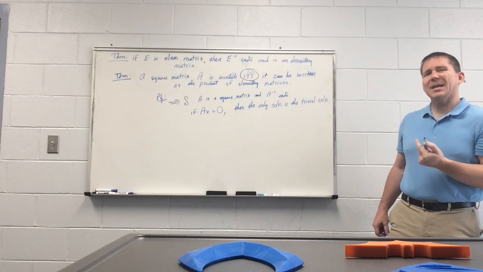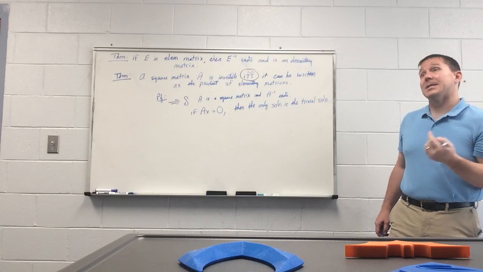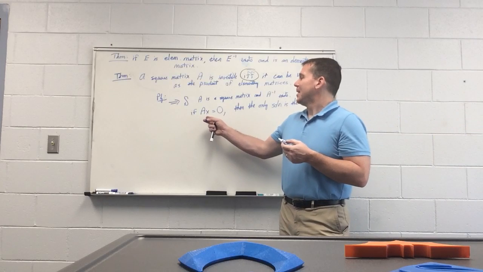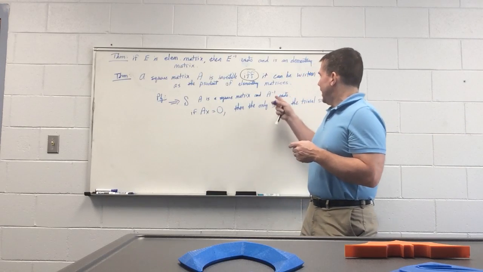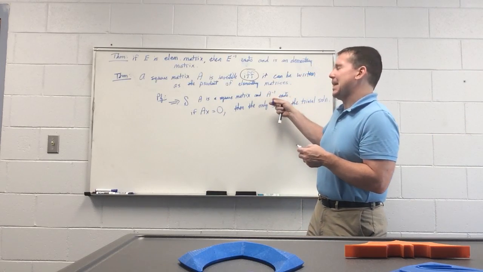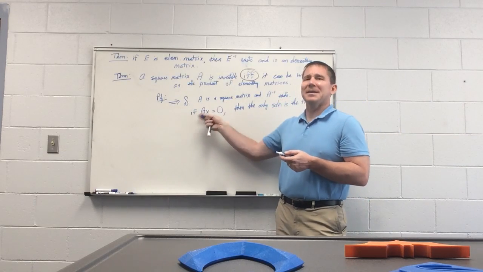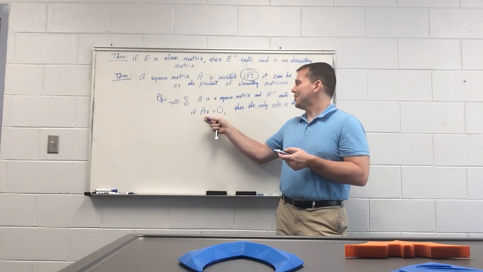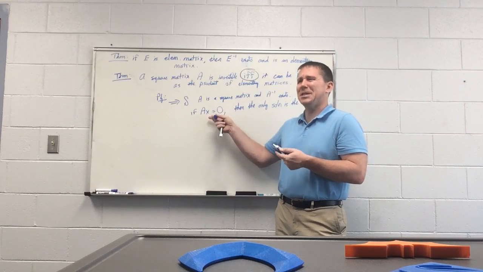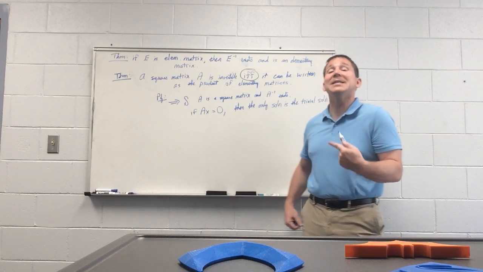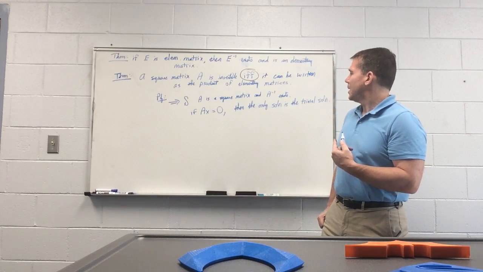Which, if you're not entirely remembering everything from the beginning of this chapter right now, A is invertible, so the inverse exists. Just multiply by the inverse on both sides, and you get x equals 0, or something times 0, which will still be the 0 matrix. So that makes sense. It's straightforward.